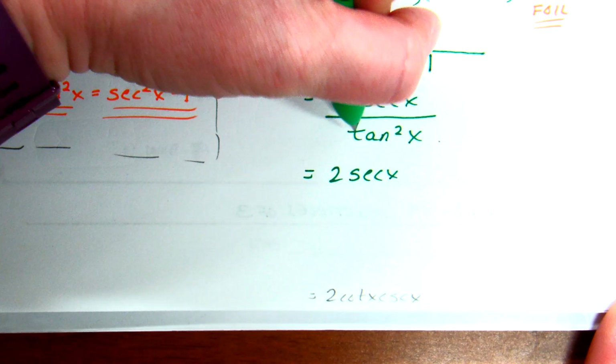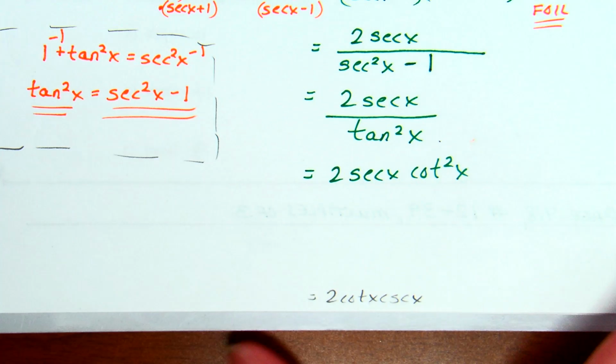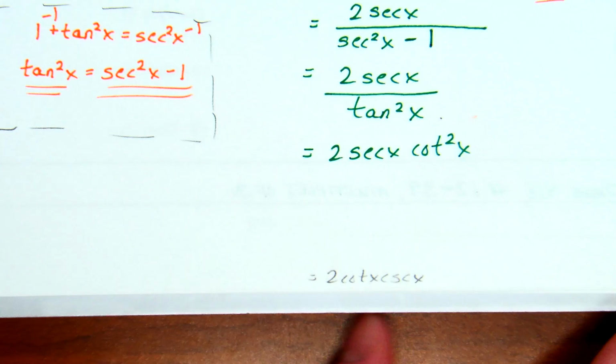Cosine squared x over sine squared x. What's one thing you see that can happen? 1 cosine on bottom cancels with 1 cosine on top. So cosine x cancels with 1 of the cosine x's on top.